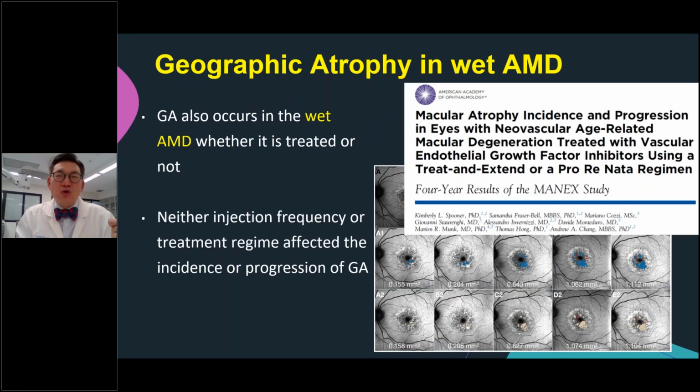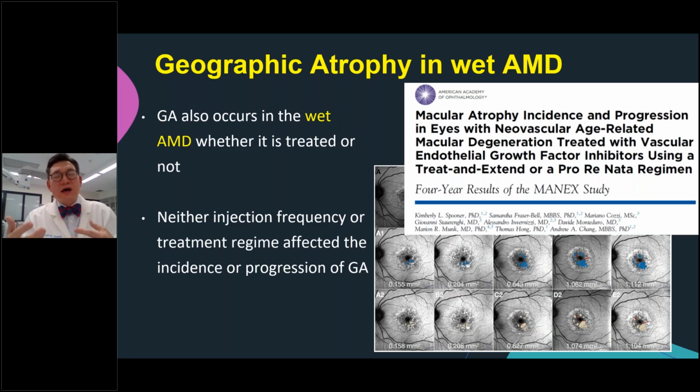Geographic atrophy can also occur in wet macular degeneration. So patients who are having injections for the bleeding form of macular degeneration are likely to also have an element of dry macular degeneration or geographic atrophy.